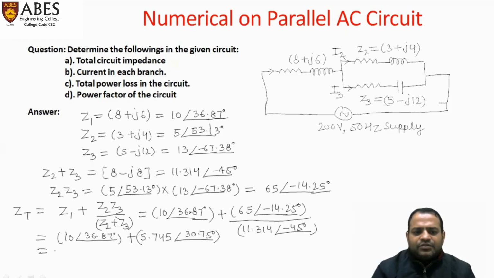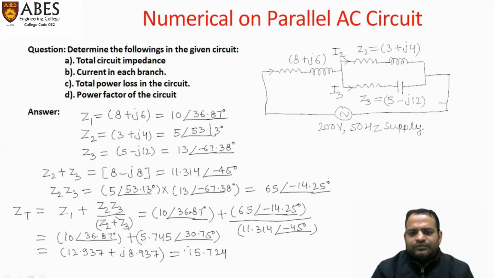When we are adding these two polar quantities, we are getting 12.937 plus J times 8.937, and converting into the polar form, which is 15.724 at an angle 34.64 degree.